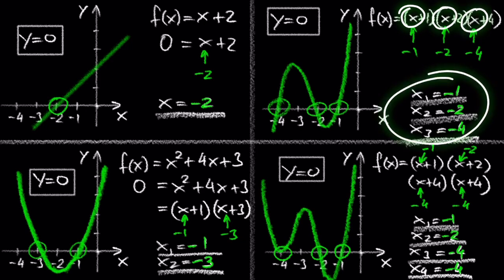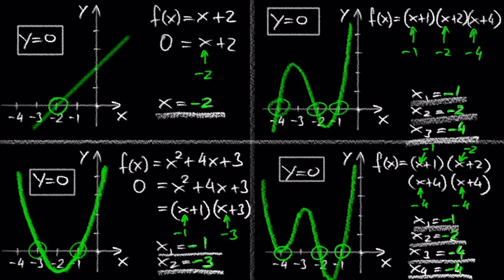So we had three roots. And in the fourth example we had a function of degree 4. So we had 4 roots. Is this always so, that we have as many roots as many degrees the function has? Feel free to write your answer in the comments.